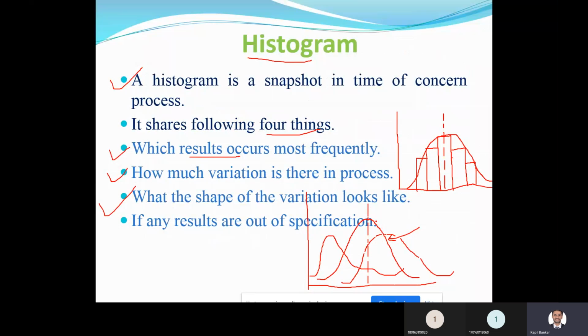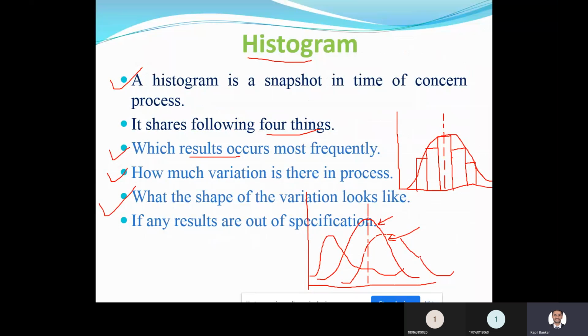This one is known as the bell curve shape, and its meaning is that your data is normally distributed in your process.